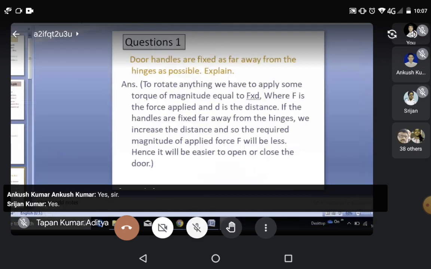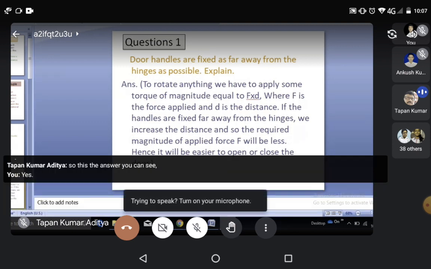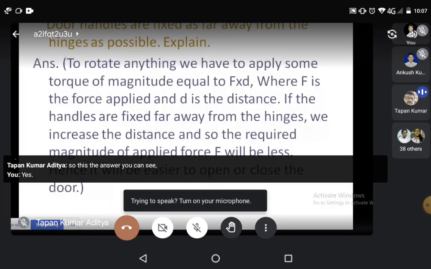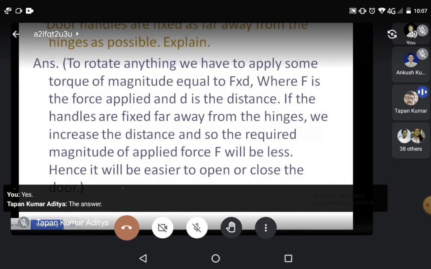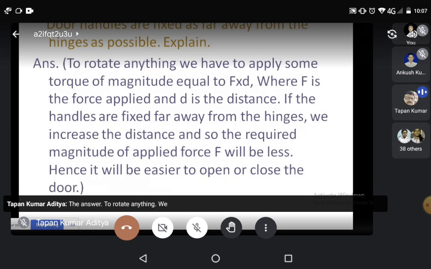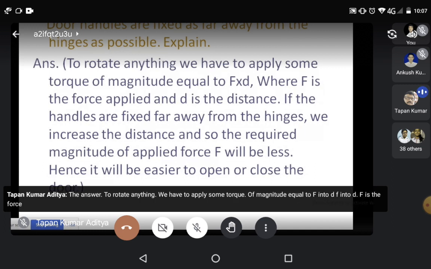Yes, sir. So this is the answer. You can see, to open anything, we have to apply some torque of magnitude equal to F into D. F is the force and D is the perpendicular distance.